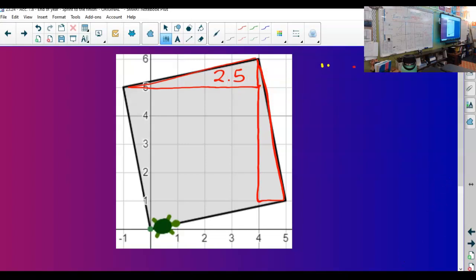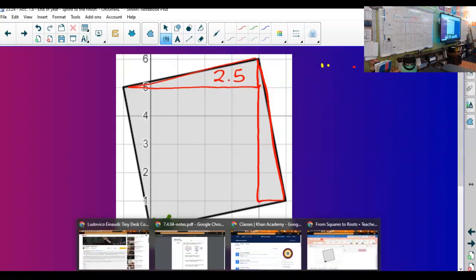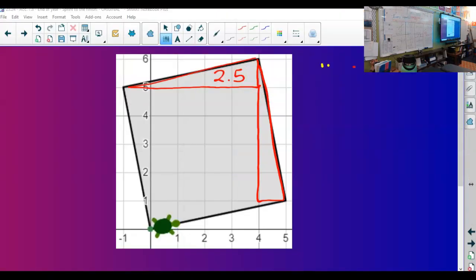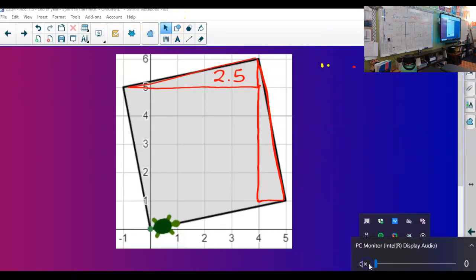I gotta figure out where I put your Desmos so I can unpause you. There it is. There's so many tabs. I know, that's too many. It's a personal problem. I'm working on it. Just group your tabs, and then it's so much cleaner.